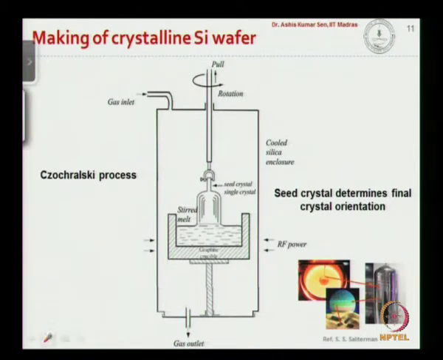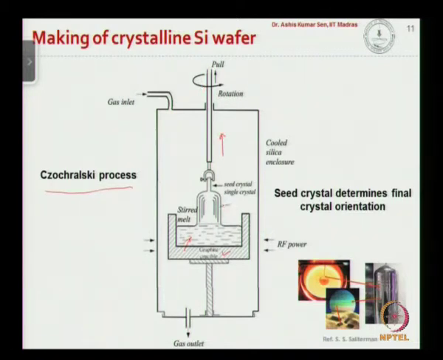Here is the process used to fabricate the single crystal silicon we discussed in the previous slide. It is called the Czochralski process. Essentially we have the molten polysilicon in a graphite crucible, and here we have the seed crystal, which rotates and is gradually pulled upward.